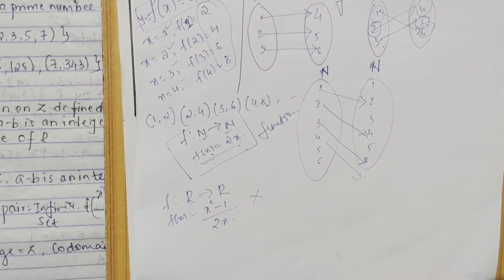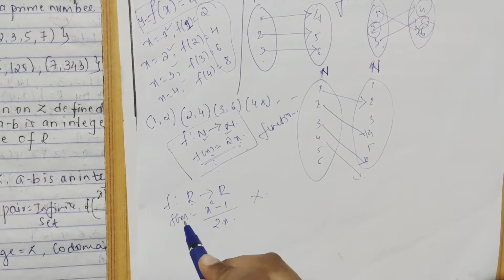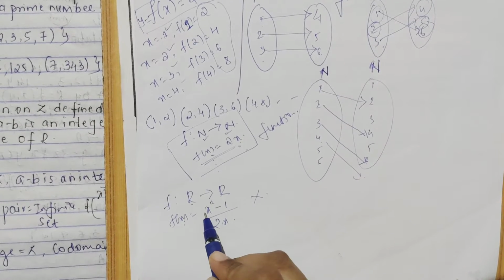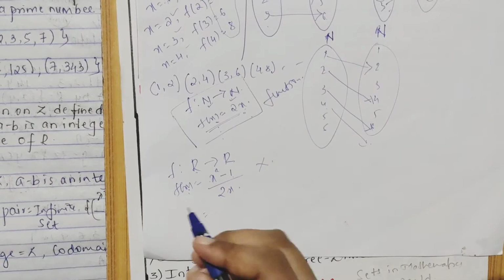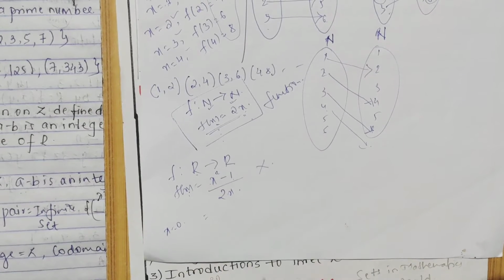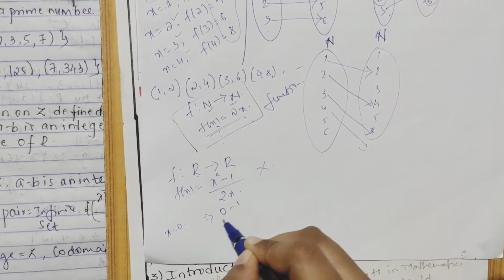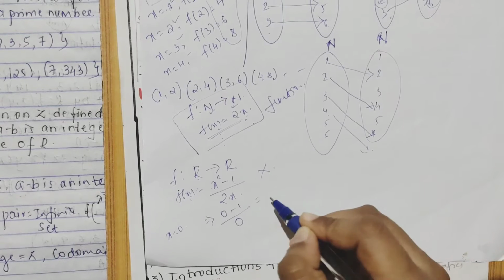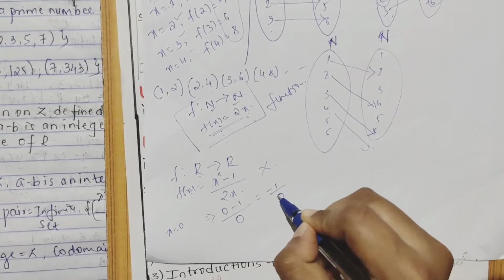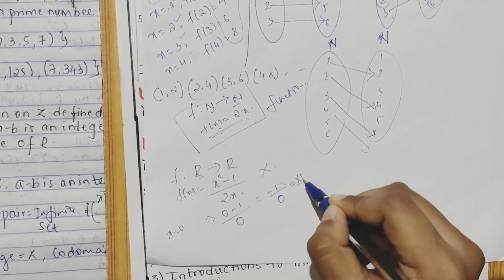Why won't this be a function? See, suppose I put x equal to 0. Putting the value x equal to 0, I get 0 minus 1 divided by 2 into 0, which is 0. So I will be left with minus 1 by 0, and minus 1 by 0 is not defined, right?